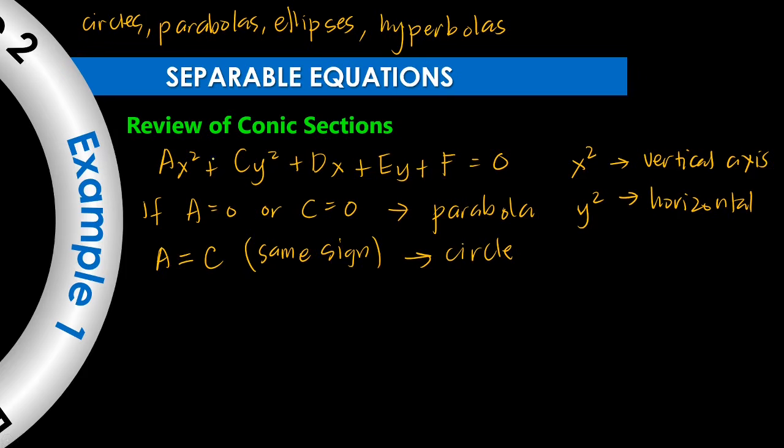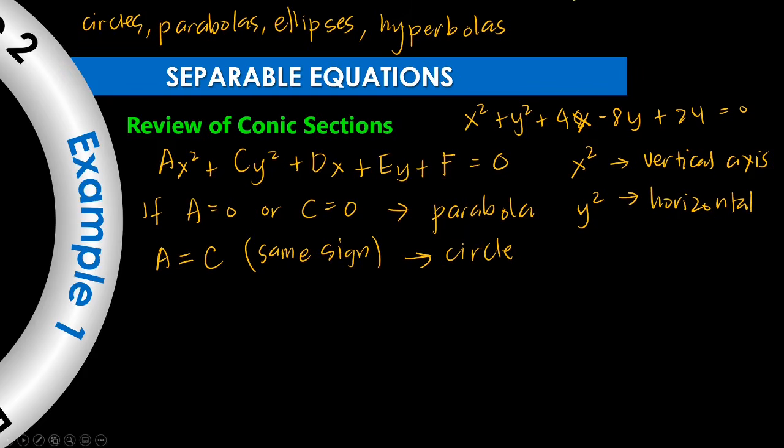So usually in a circle, the coefficients of x squared and y squared are both 1. So the equation will be written like x squared plus y squared plus 4x minus 8y plus 24, for example, equals 0. So usually, the coefficients of x squared and y squared in a circle are made 1.